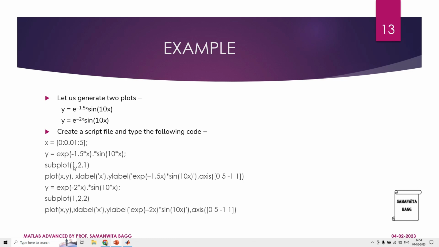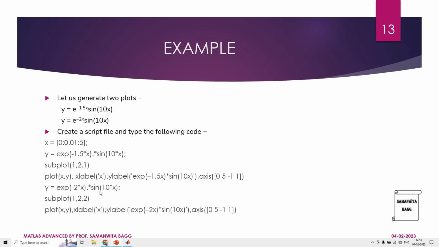M is the number of rows, 2 is n, that is number of columns, and p is going to specify the particular plot. So we are going to plot x comma y, x label x, y label is this entire equation, that is the first one, and the axis is from 0 to 5 for x and -1 to 1 for y.